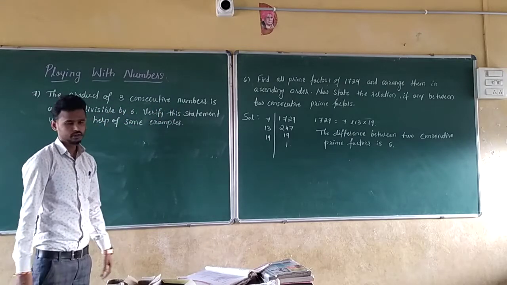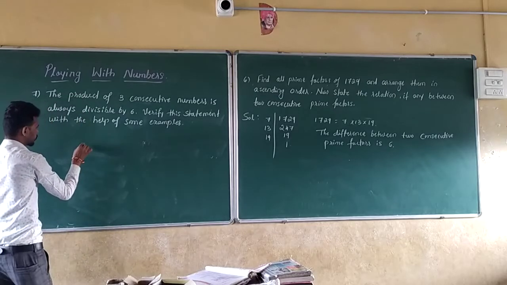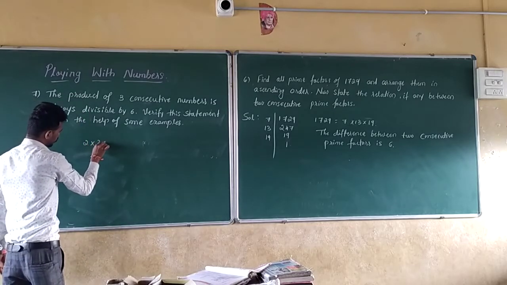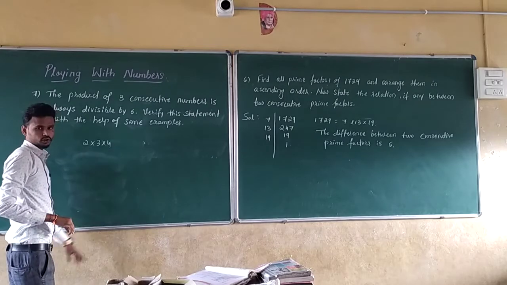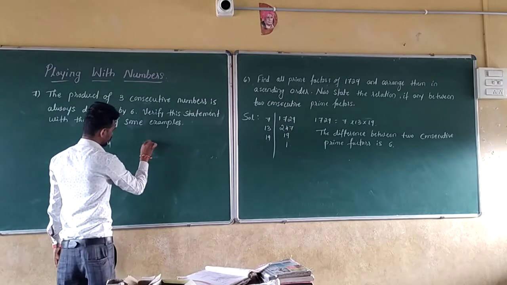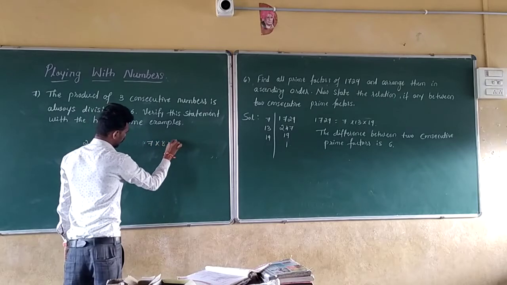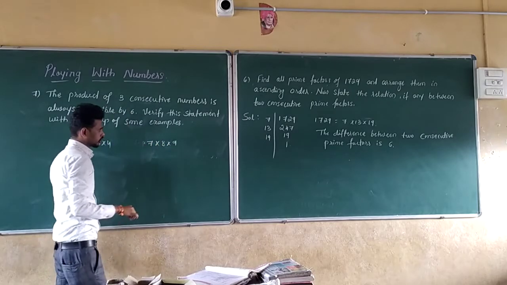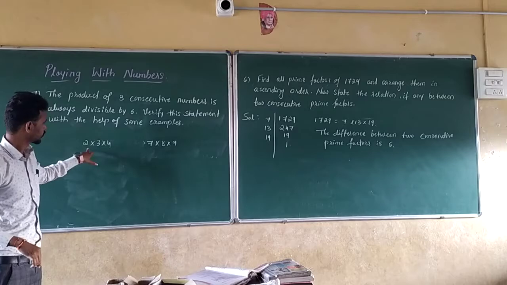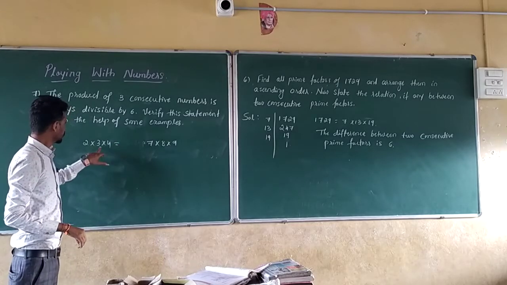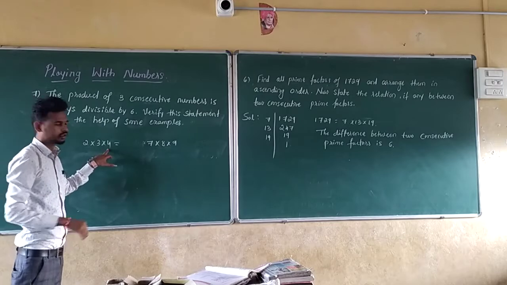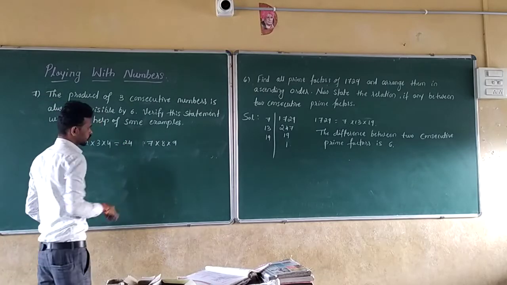Verify that one. For example, write that 2 into 3 into 4. These are three consecutive numbers. Take one more, 7 into 8 into 9. So what is the product of this one now? 2 3s are 6, 6 4s are 24.